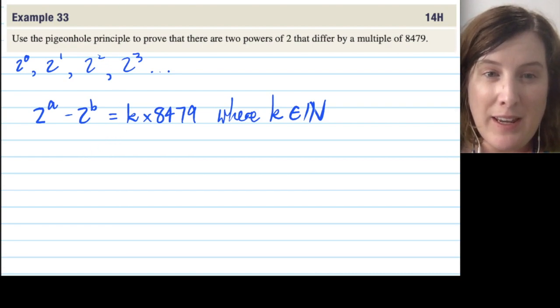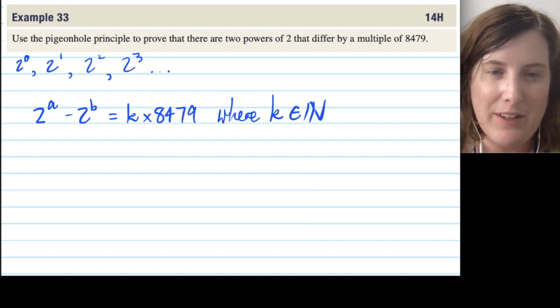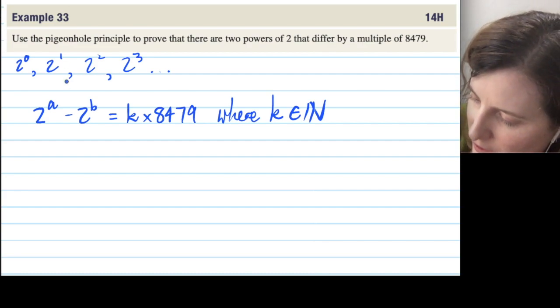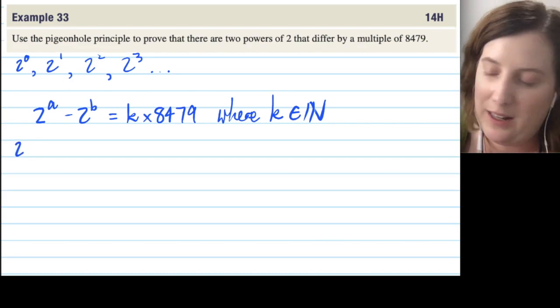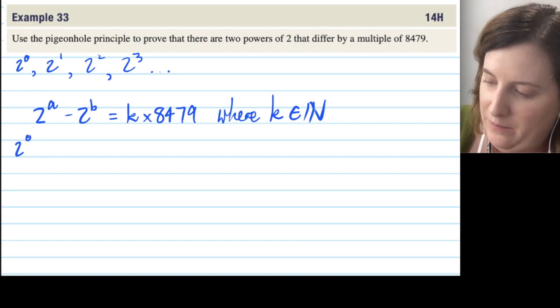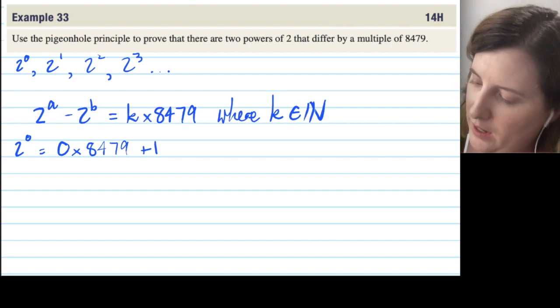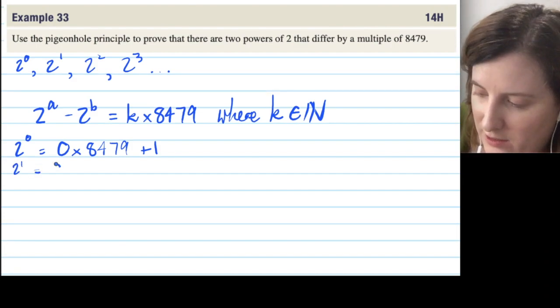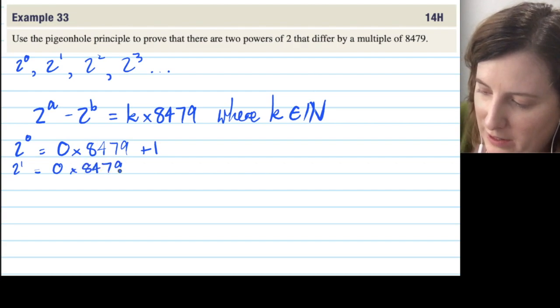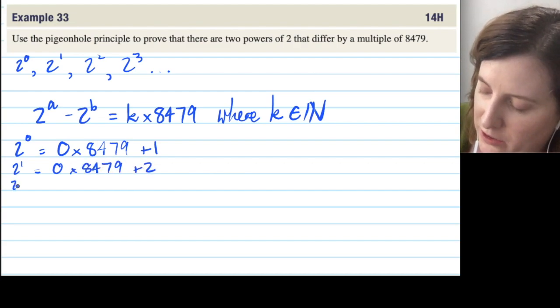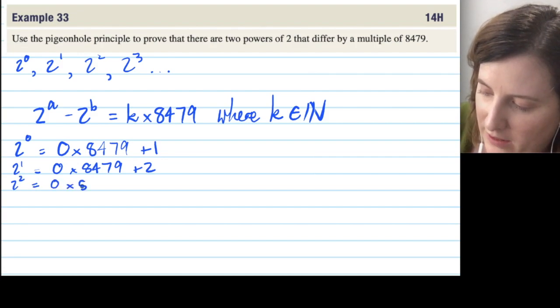But the easiest way instead to think of it is if we have each of these numbers, so if we have 2 to the 0, then that's 0 times 8,479 plus 1, yeah? Because 2 to the 0 is 1. If I have 2 to the 1, then that's still 0 times 8,479 plus 2. If that's 2 to the 2, then that's again 0 times 8,479 plus 4.